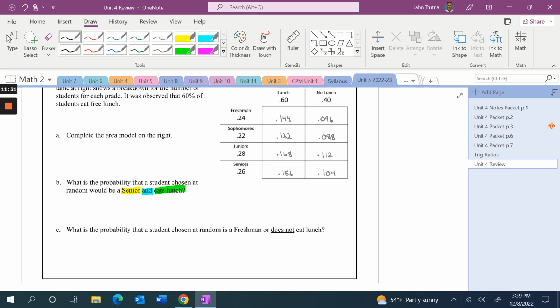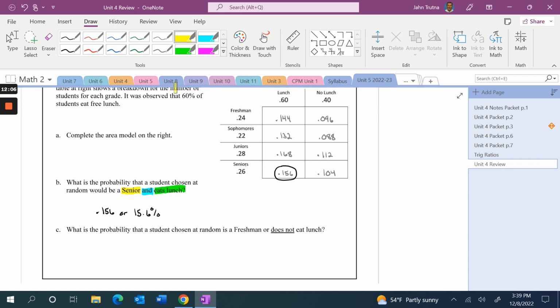So you go to the senior, follow it over, and then the column for eating lunch is that first column right here. So there is the only combination in this entire area model of the 8 different combinations that is senior and also eats lunch. So the answer is 0.156, or if you want to write it, you don't have to, 15.6%.